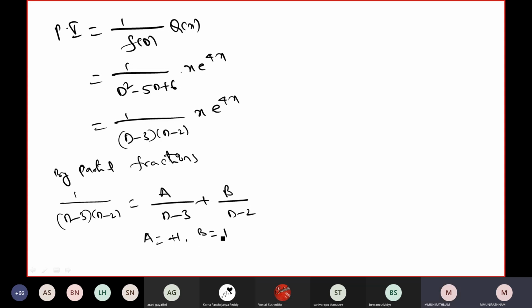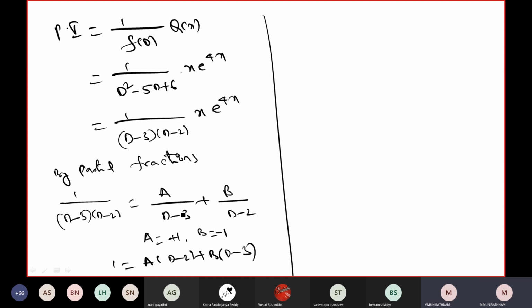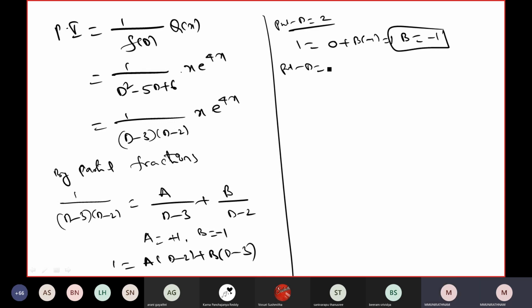A is 1, b is -1, కరెక్టేనా? ఎల్సిఎం చేస్తే a × d - 2 b × d - 3 వస్తుంది. ఓకే, d = 2, d = 3.